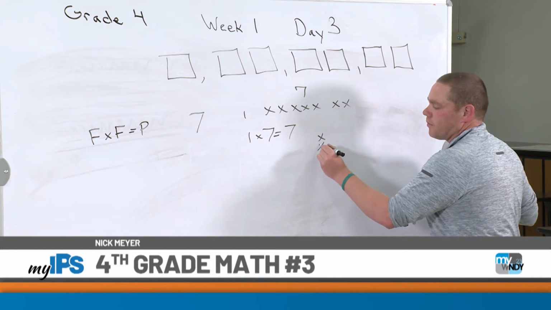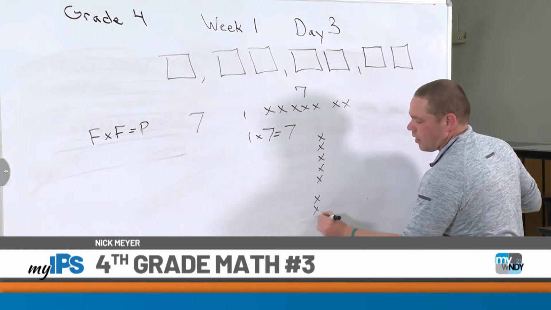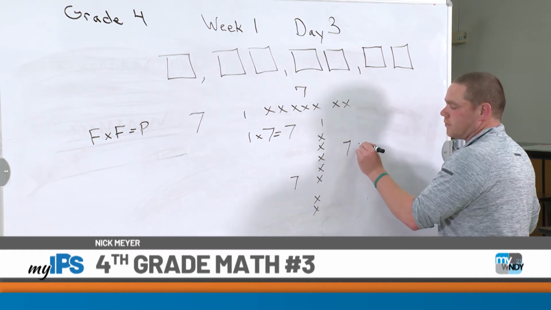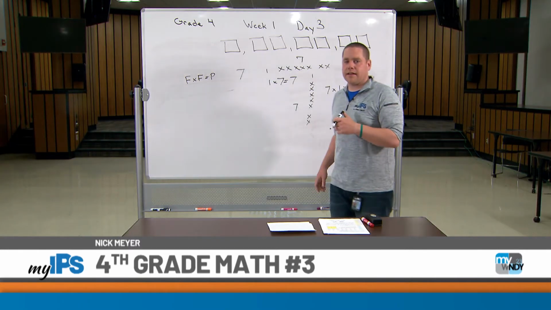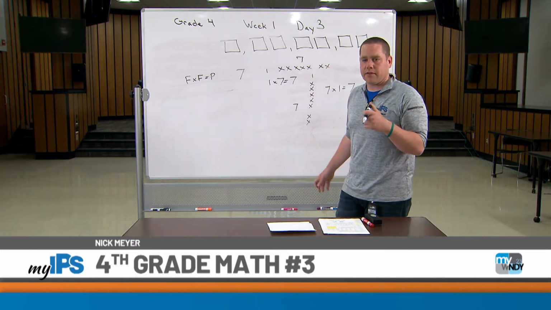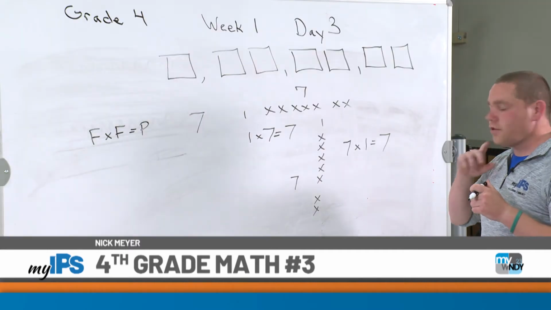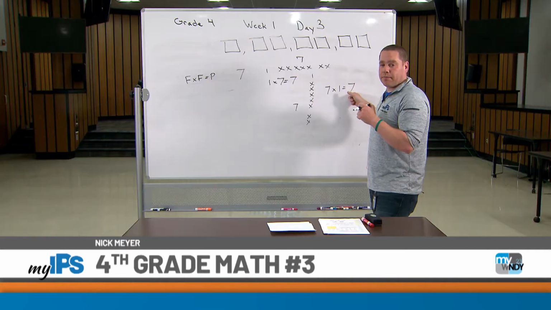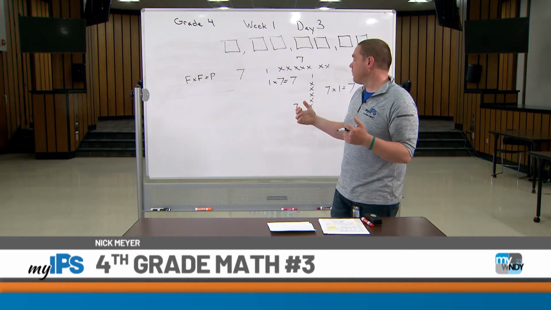I could go 7 times 1, but it still has the exact same factors. 7 and 1 are its only 2 factors. There's no other ways I can multiply whole numbers together and get the product 7. So that makes 7 a prime number.